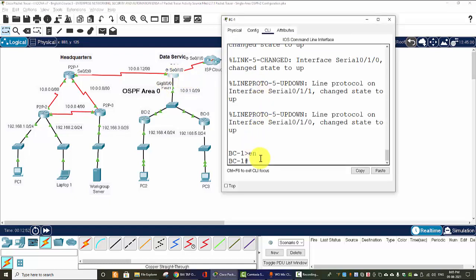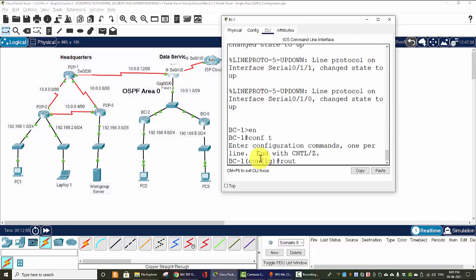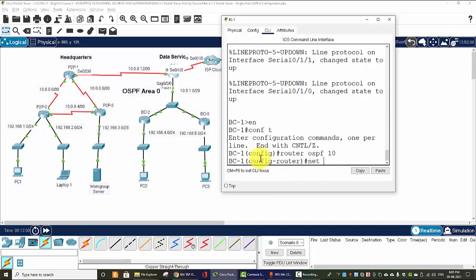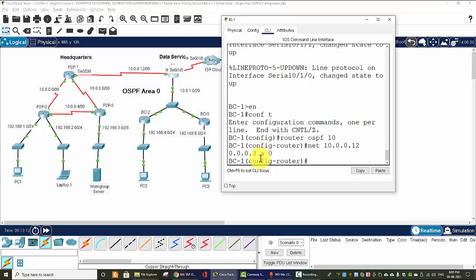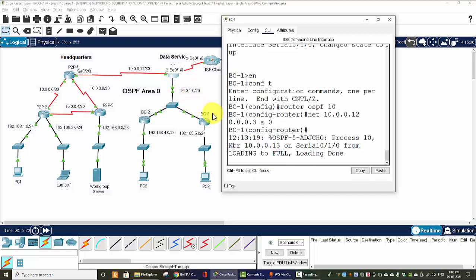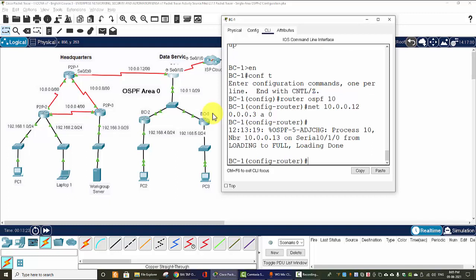Okay, so I configure router OSPF 10, network 10.0.0.12, area 0. And the next one 10.0.1.0. We can see the syslog message, the adjacency on serial 0/0/1.